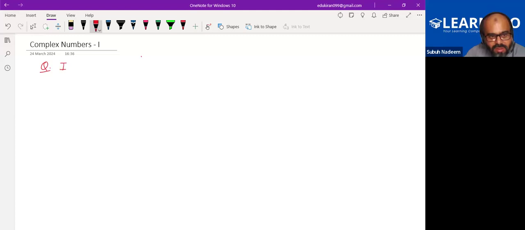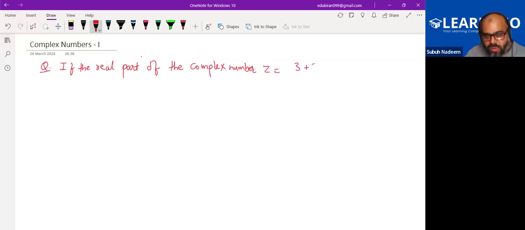If the real part of the complex number z is equal to 3 plus 2i cos theta upon 1 minus 3i cos theta, theta belonging to 0 comma pi by 2, is 0.